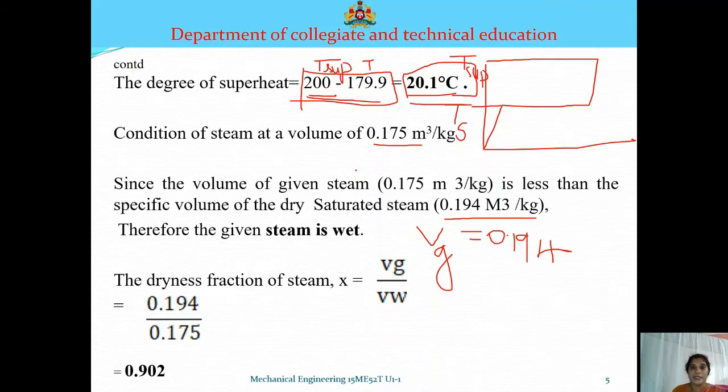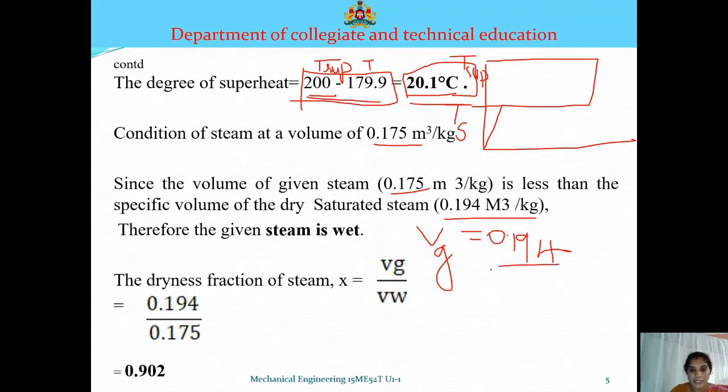Similarly, in this part of the problem, they have given the volume. So I will compare the volume of dry steam with the given volume. This is the given volume of the steam and this is the volume of the dry steam.